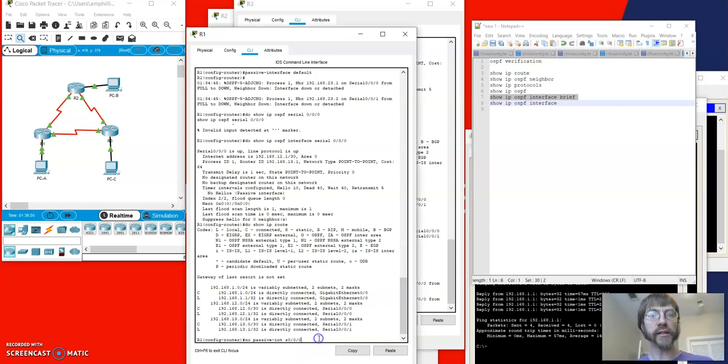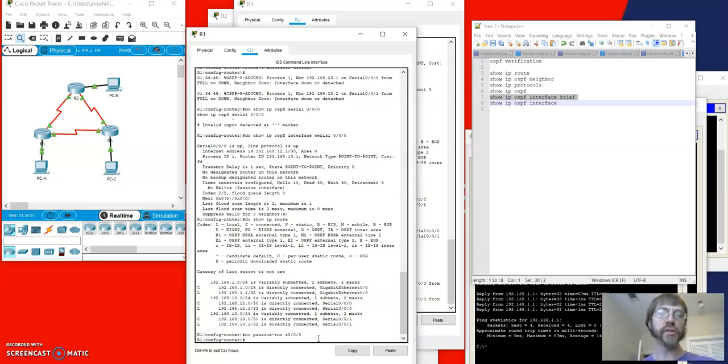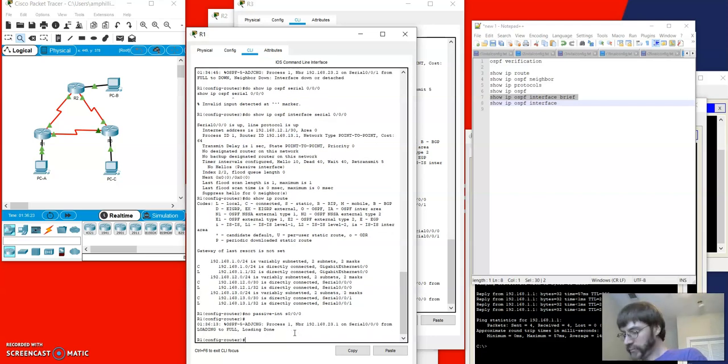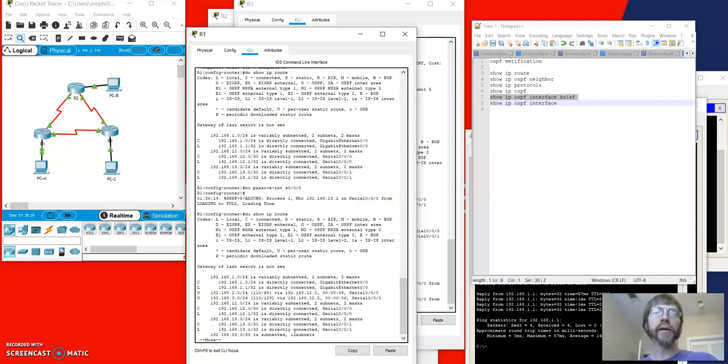So let me turn this back on. No passive interface serial 0/0/0. If I give it a few seconds, it will regenerate that. Okay, good. So I have a neighbor. And now if I do show IP route again, notice I can talk to the other routers, but I'm going the long way around.